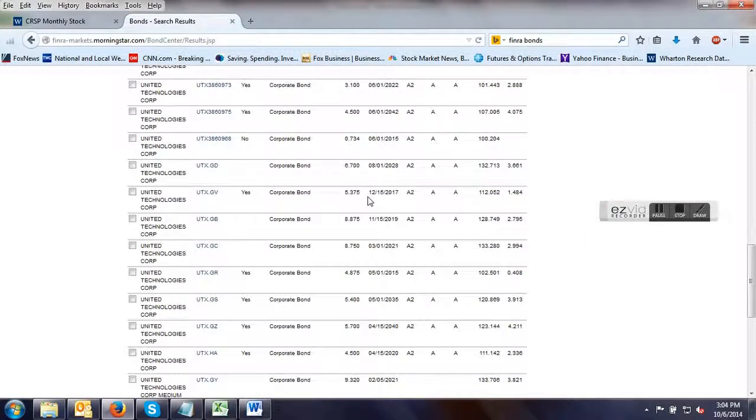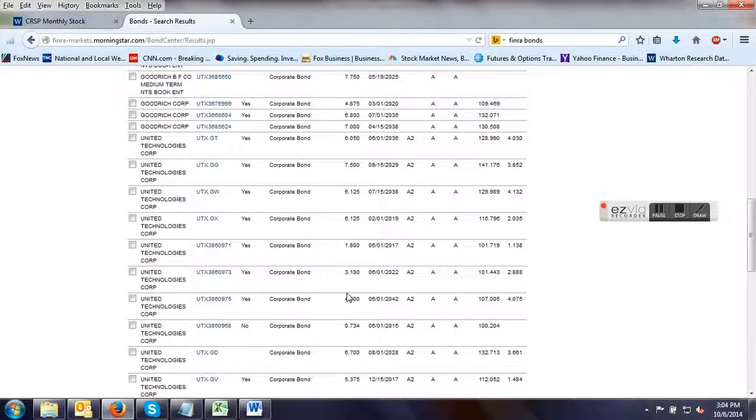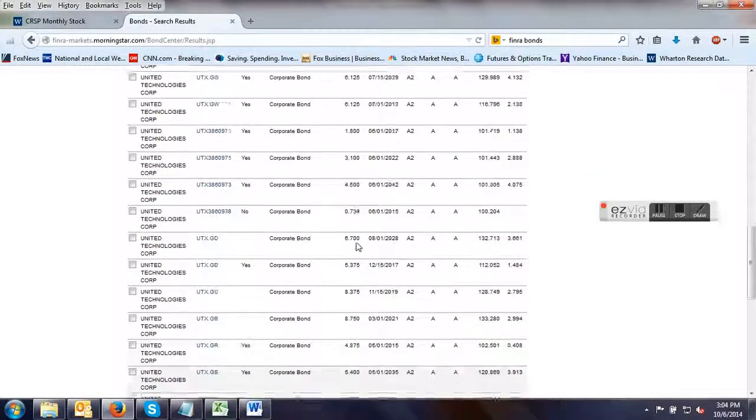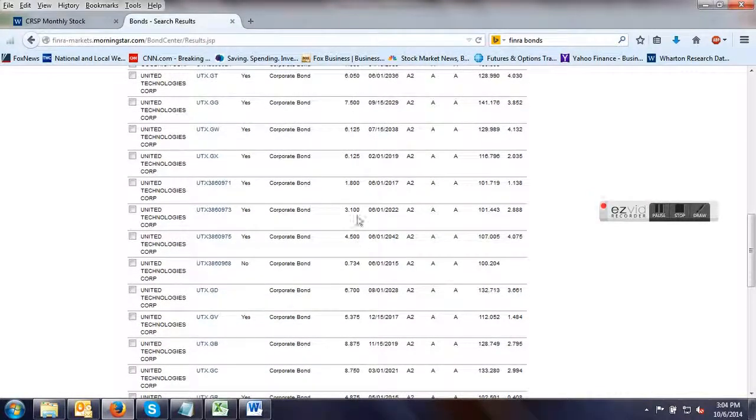There's a couple of them around 9. There's a couple here around 5. There's a couple around 6, a couple around 4. I'm going to go ahead and take this 3.1 as the other one.